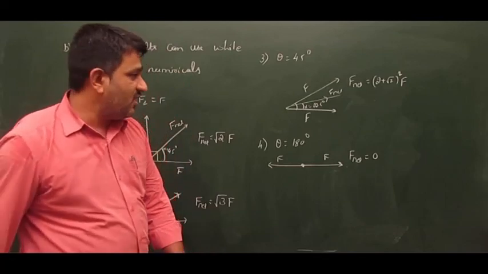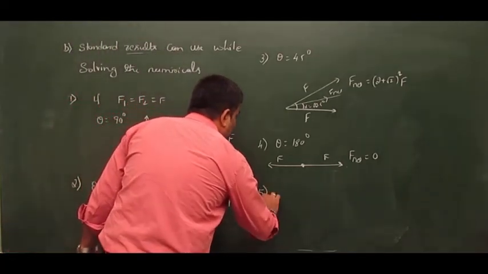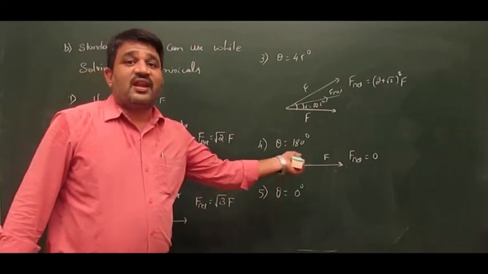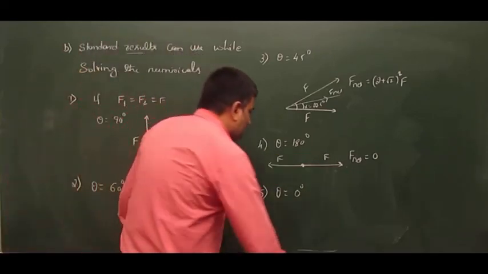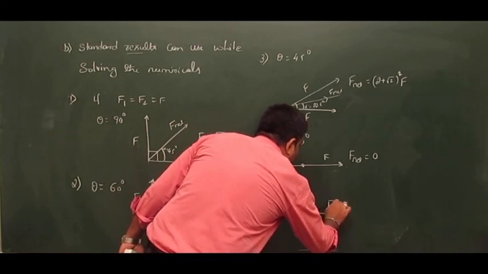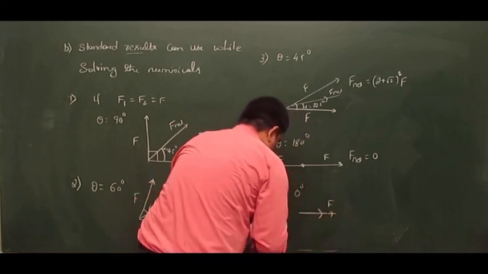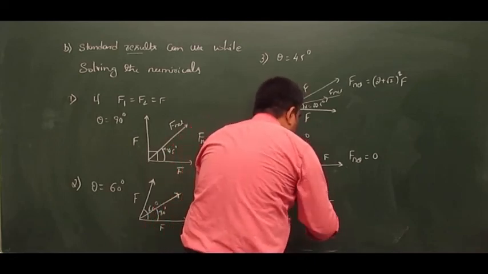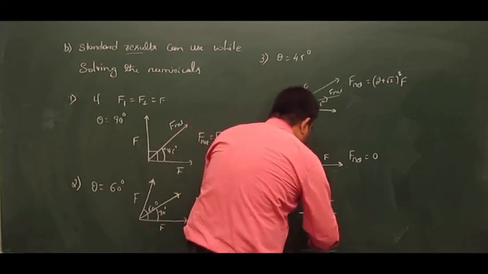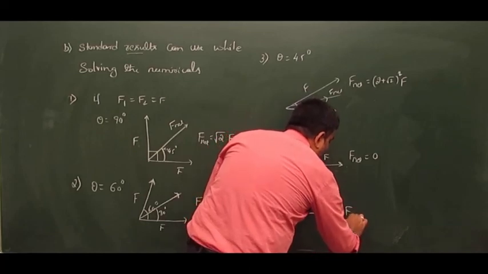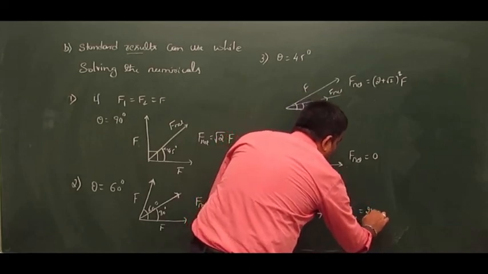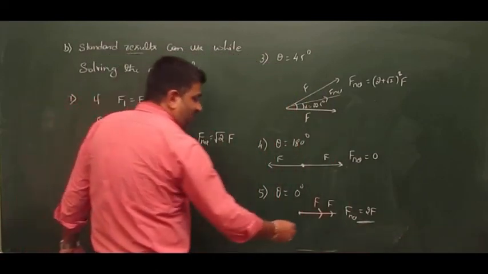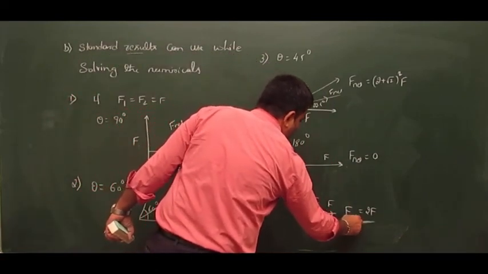And the fifth condition, if theta is equal to 0 degrees. 0 degrees means both the forces are acting in the same direction. So the two forces are acting in the same direction. Then F net is equal to 2F, addition. That is simply the algebraic sum of the two forces. That is F net is equal to 2F.